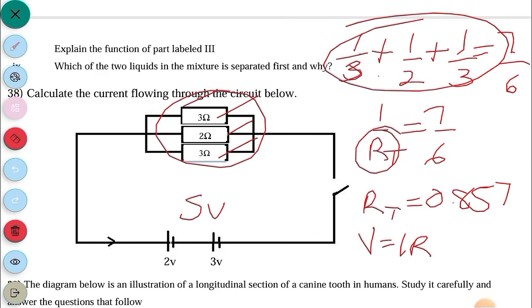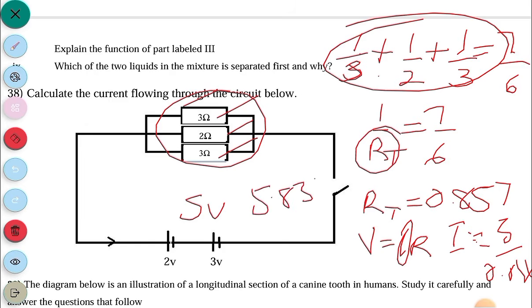So we are finding the current. So when we make current the subject, I equals V over R. V over here is 5. Then R is 0.857. And when you do your calculation right, you're going to get 5.834 ampere.